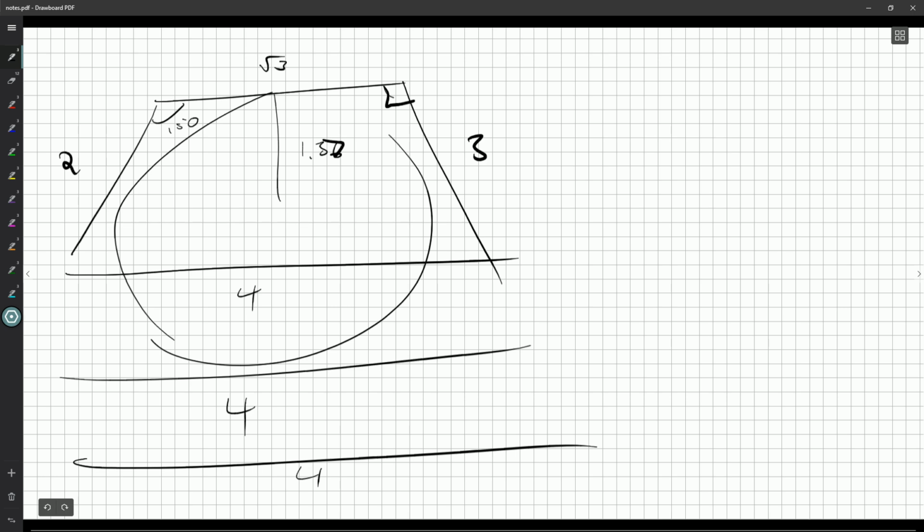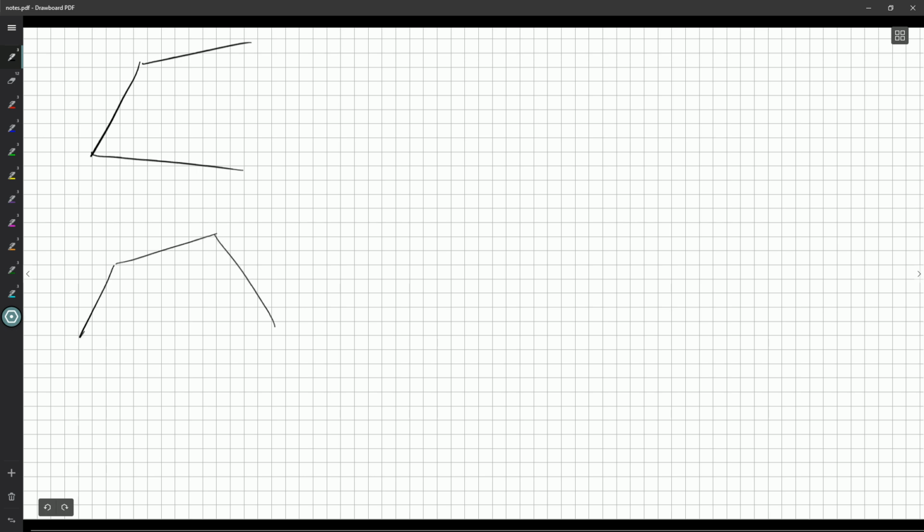So it's a little harder to work with that, because all you really used were the angles and the one side. These didn't come into it, and certainly the 4 didn't matter. And the 4 wasn't even a consideration. It's the side you're not using. So, well, what can we do? Well, if we look at it, we've got a few circles that are touching a few sides in common.